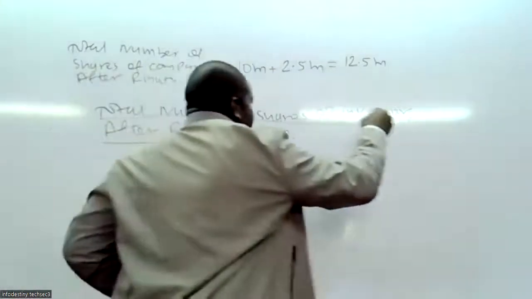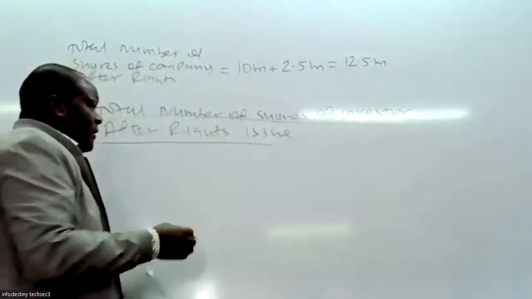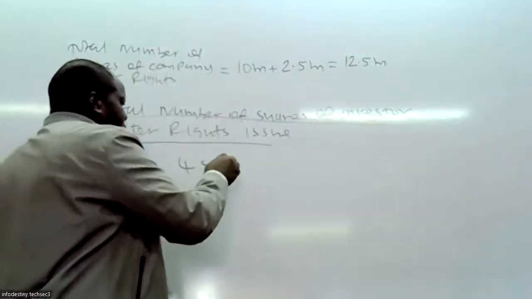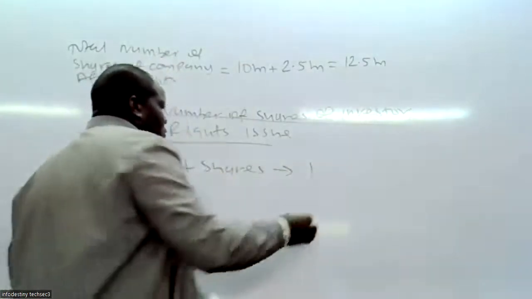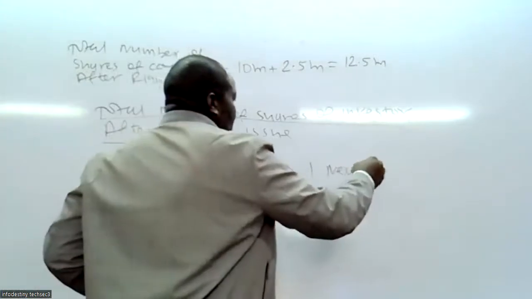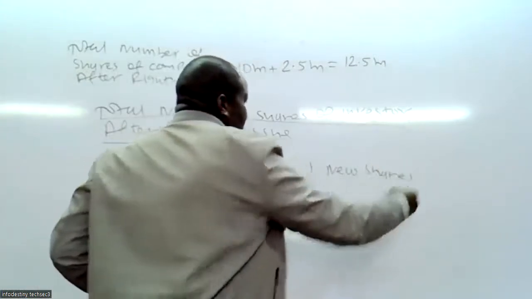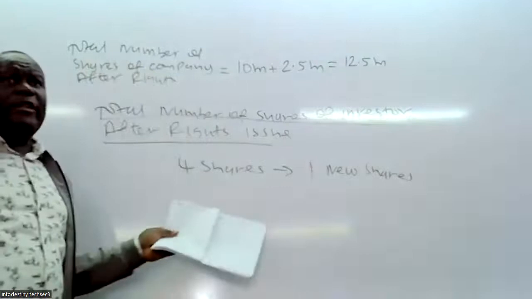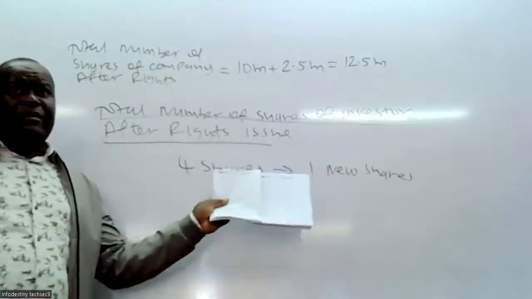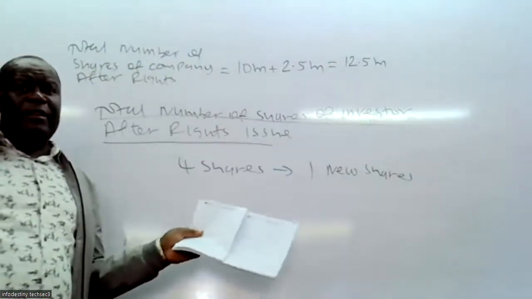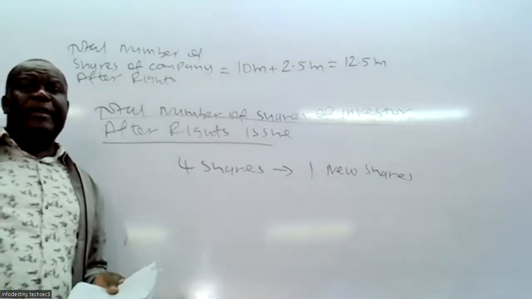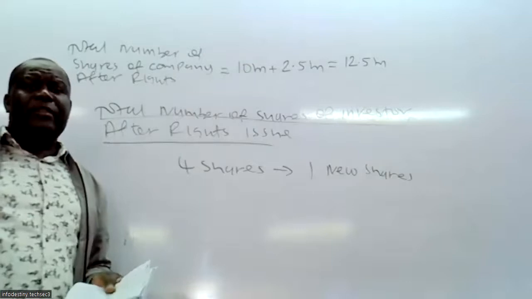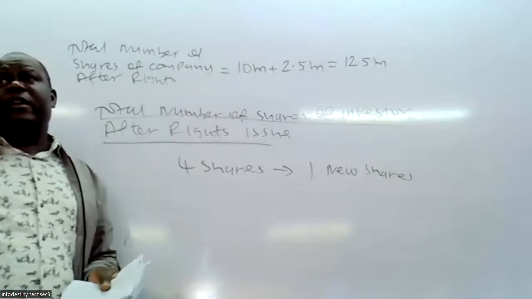So we had seen that for every 4 shares that you have, you get 1 new share. That is given in the question. The number of rights was 4. The number of rights indicates the number of shares you need in order to get 1 new share.